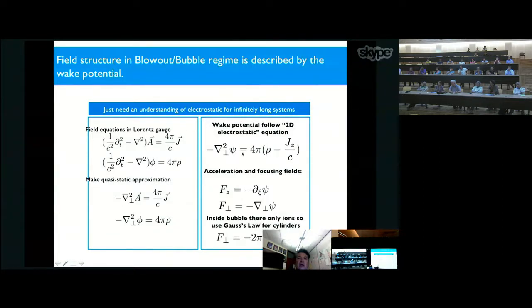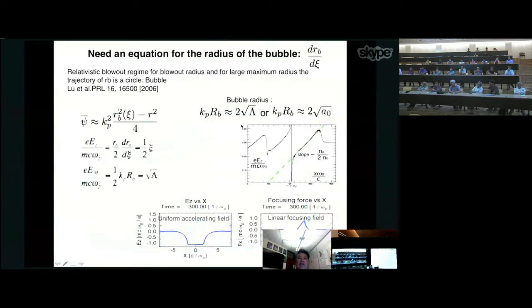Then once you have an equation for this, you can get what the acceleration fields are, and you can show that in this blowout regime, this force can be obtained using Gauss's law, where it's just simply from the leftover ion charge. If you use those field equations, you can get an equation for what the blowout radius or what the electrons in the sheath are doing.